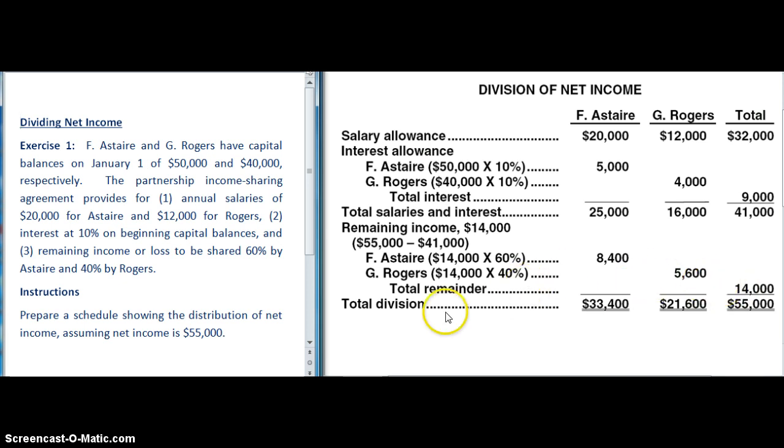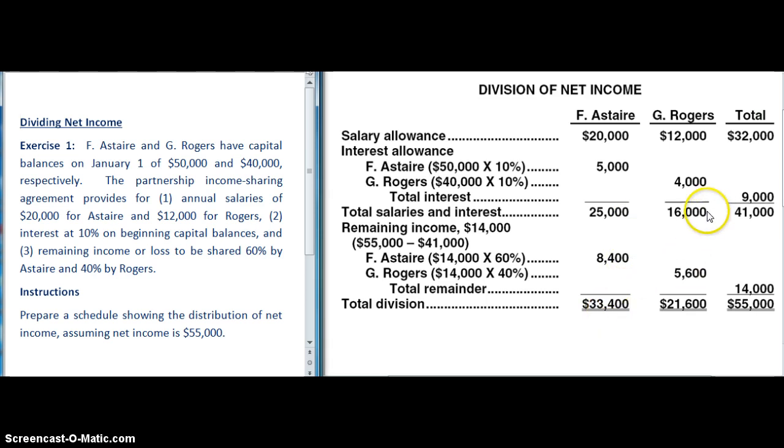After you finish that, your last step will be to show the total division of the net income of 55,000. Now, total division will be shown based on 25,000 total salary and interest plus the remaining income as distributed to Astaire, which gives us 33,400.